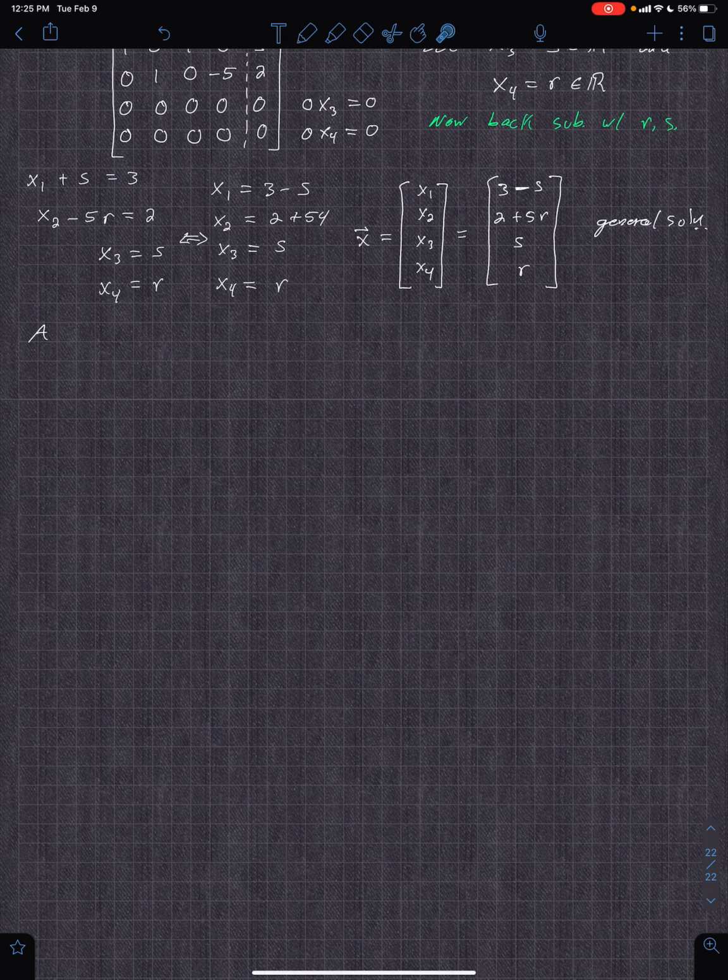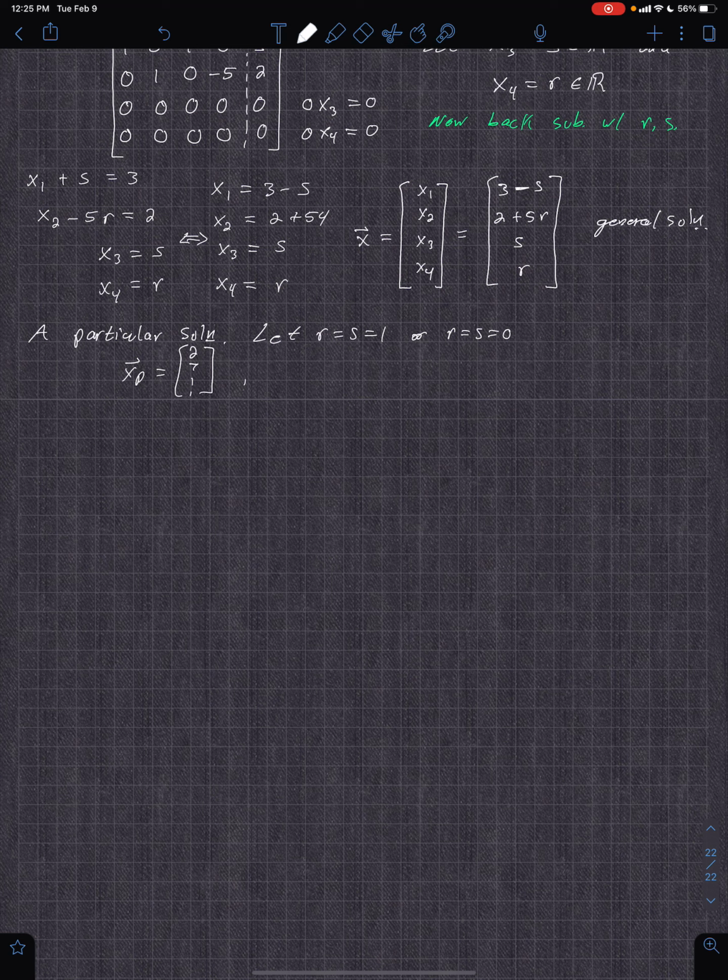So there's an infinite number of solutions, obviously, for r and s. So for a particular solution, we can let r and s be 1 or anything really. So you can get x particular. If it's 1, then you get 2, 7, 1, 1.